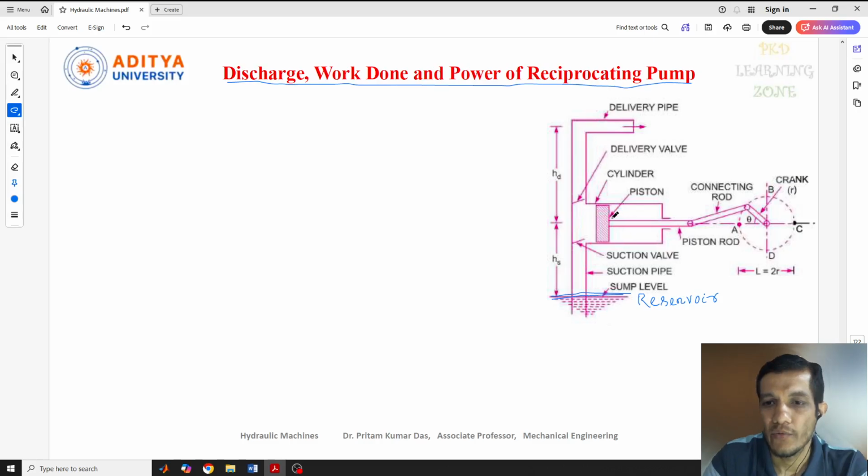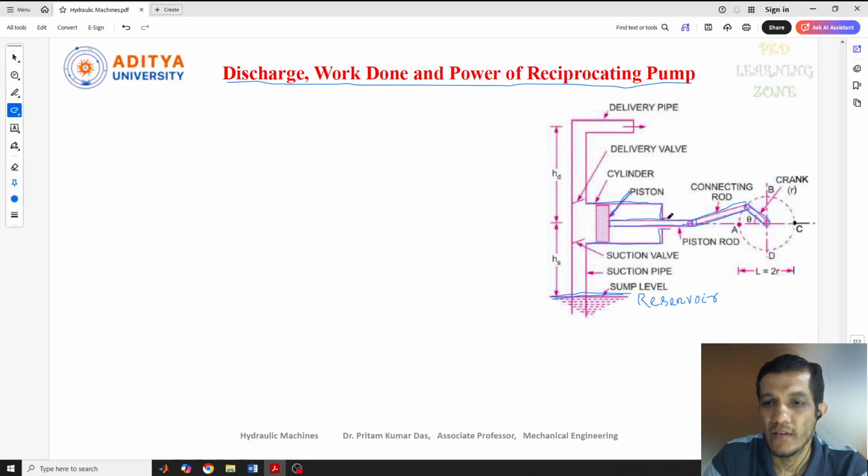This is the pump with a piston, and the piston is connected with a piston rod, and the piston rod is connected to the connecting rod, then a crank. That means the piston is connected to the crank with the help of the piston rod and the connecting rod. The piston is placed inside a closed cylinder.